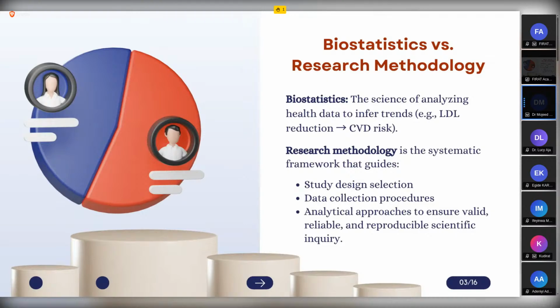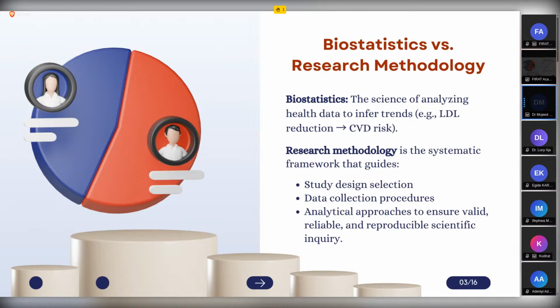Because when you look at the study design in relation to the study objective, then you are going to look at the most appropriate data collection procedures. What is the relevant tool, or what are the relevant tools that will enable you to achieve your research objective or answer the research questions?